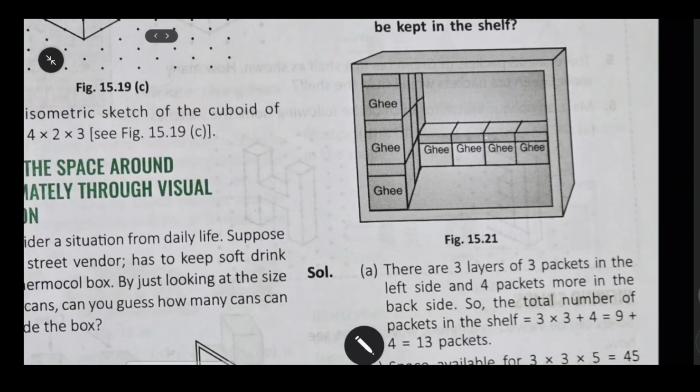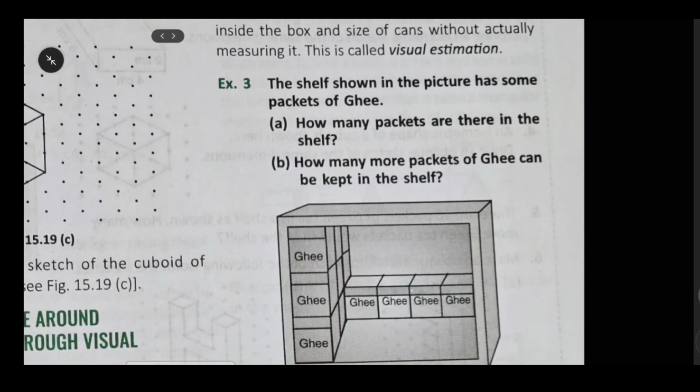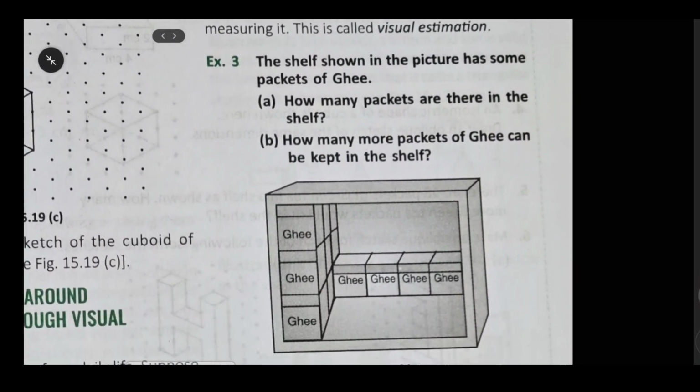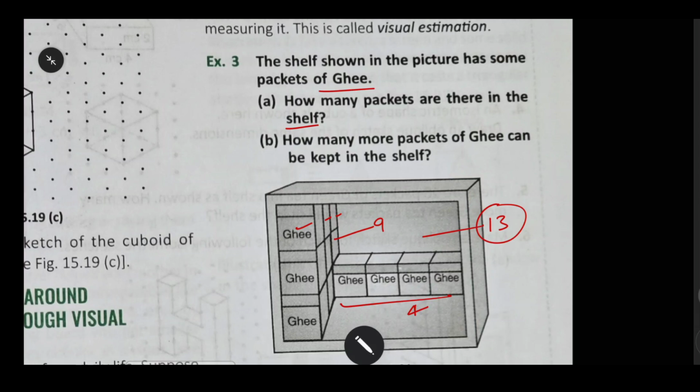Let us see another example. As you can see here, the shelf shown in the picture has some packets of ghee. How many packets are there on the shelf? As you can see, 1, 2, 3 and 3 cross 3, that is 9 packets, and 4 more are here, so a total of 13 packets are there. This is the mapping.